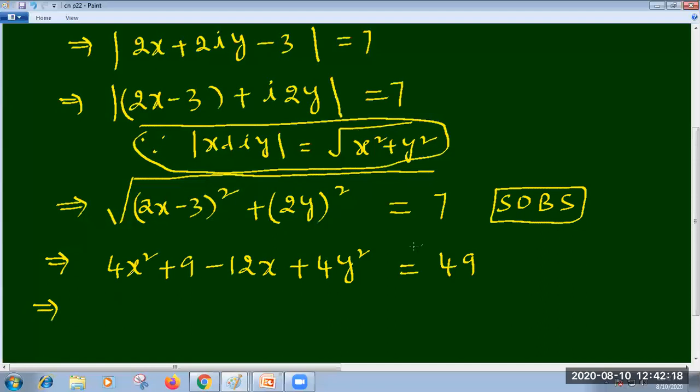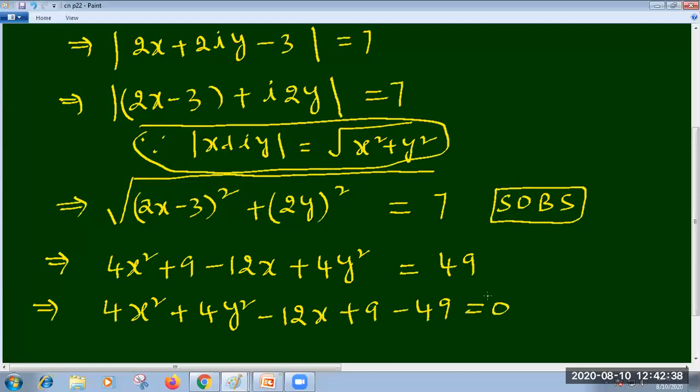So 49 bring to the left side. So this is 4x square plus 4y square minus 12x plus 9 minus 49 is equal to 0.